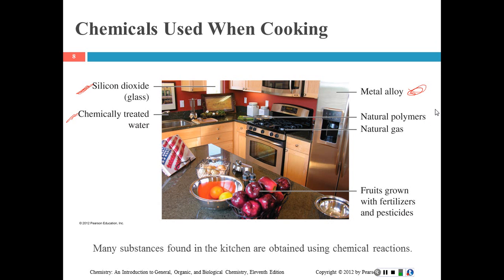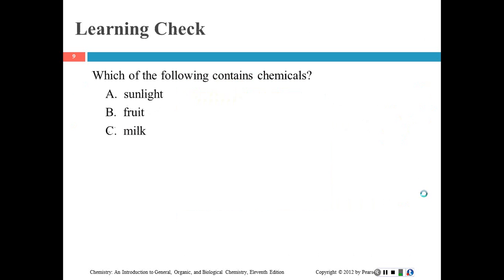You have polymers or plastics. You have natural gas if you're cooking with gas. Even the food we eat uses chemicals, because they use fertilizers and pesticides. So when you're in the kitchen, a lot of times you're actually performing chemistry and doing chemical reactions.